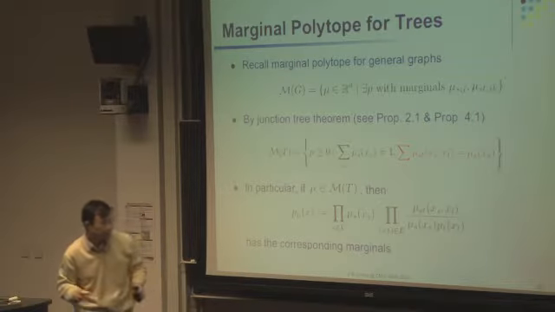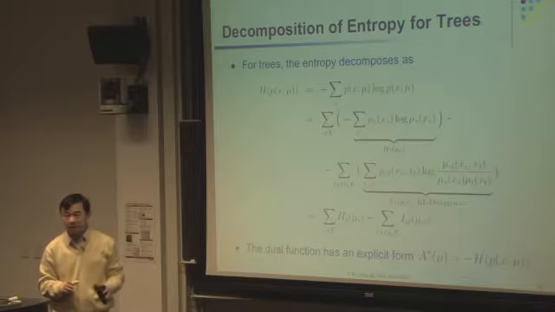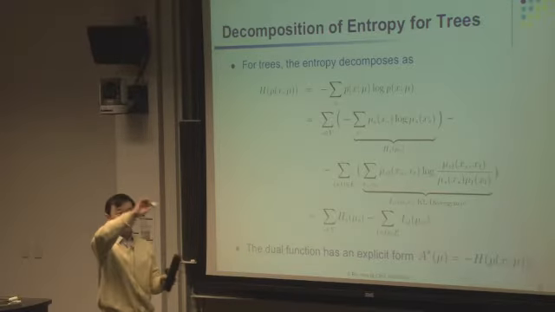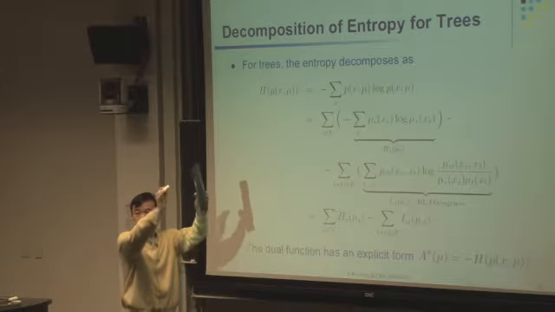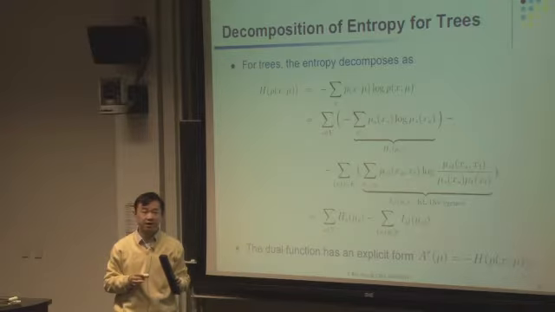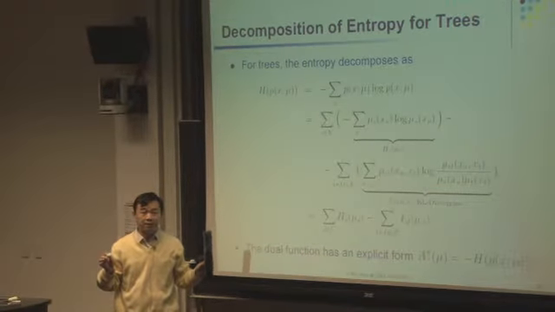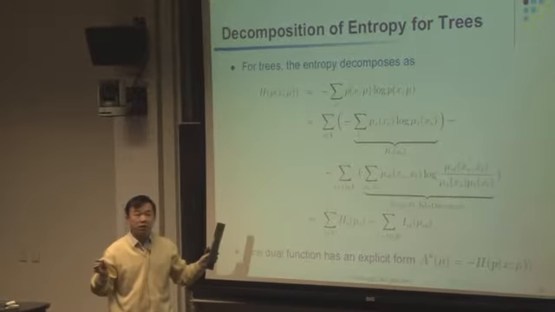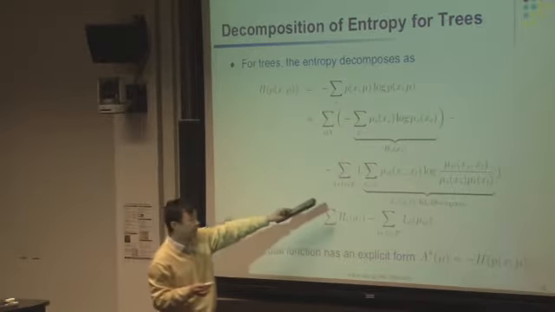All right, so that's basically our feasible space done, and then we need to worry about the loss function, right? Remember the variational principle: you have the linear term, theta times mu, and the A star, which is the entropy of the distribution, right? And on trees, we actually know how to compute the entropy. You can do it in closed form, and that's the definition here.